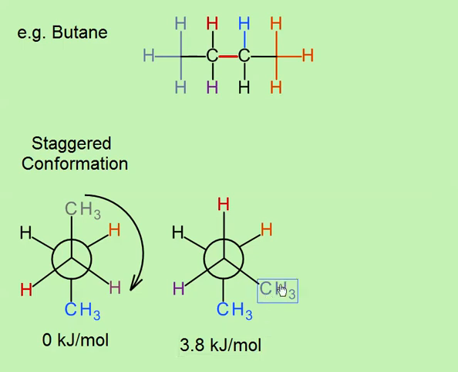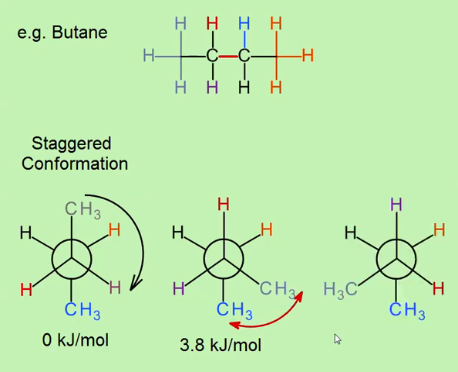And if we rotate this methyl group again 120 degrees and move each group on the first carbon around clockwise, for this new conformation, we again see strain energy of 3.8 kilojoules per mole.